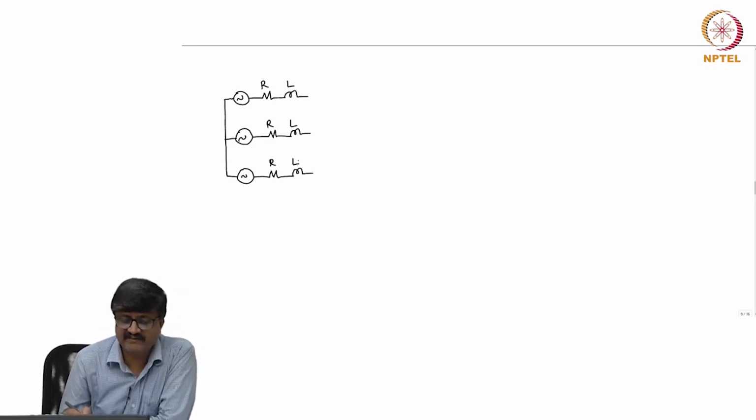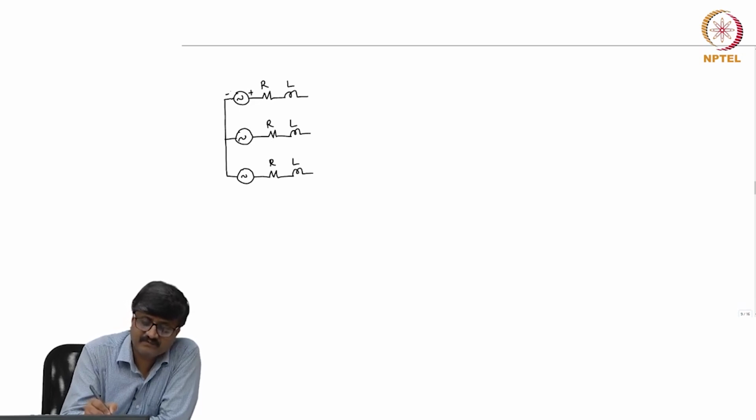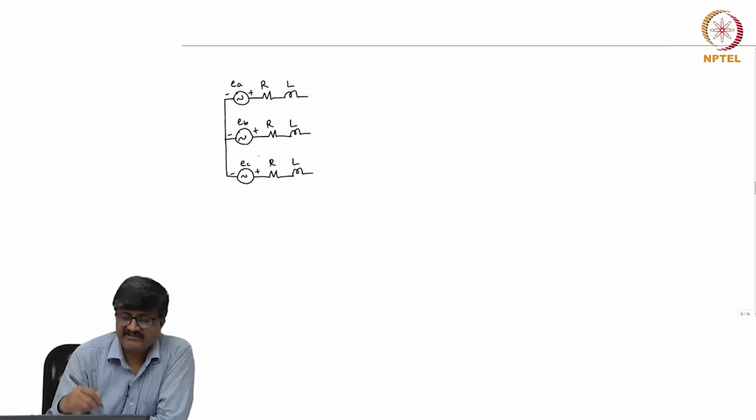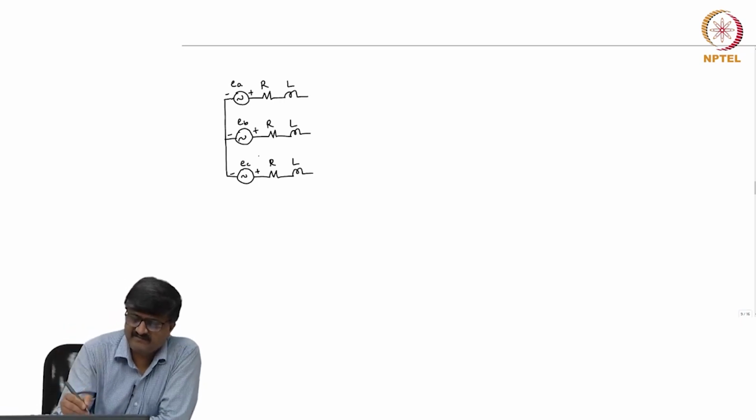R is the resistance, L is the inductance. So, the only addition now is the resistance. The rest of the circuit is same as what we considered earlier.